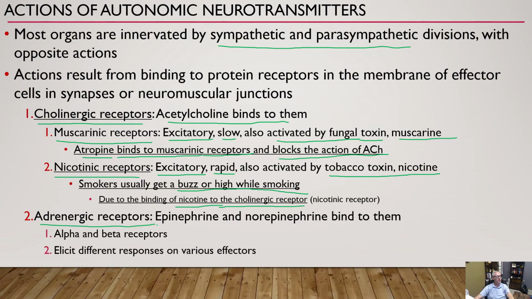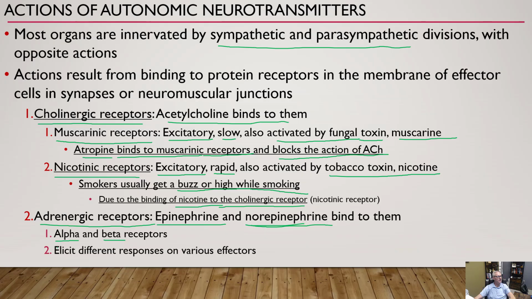Adrenergic receptors. Remember the norepinephrine that is secreted by those postganglionic fibers of the sympathetic nervous system. Both epinephrine and norepinephrine can bind to those adrenergic receptors. We have several different types of adrenergic receptors. We have alpha 1, alpha 2, beta 1, beta 2, beta 3 receptors.